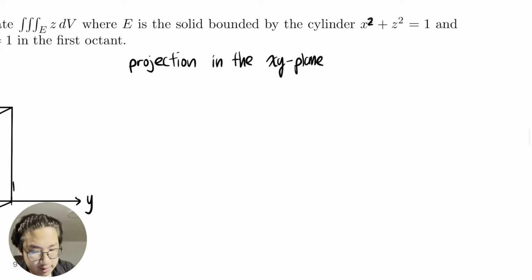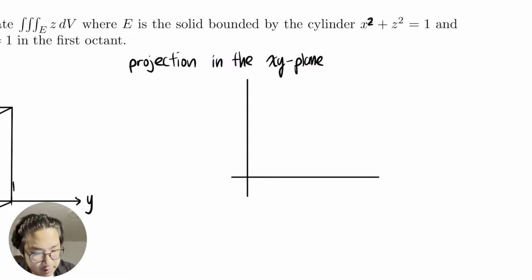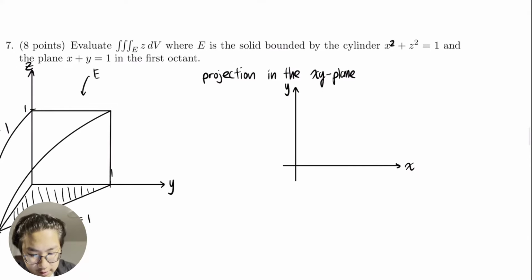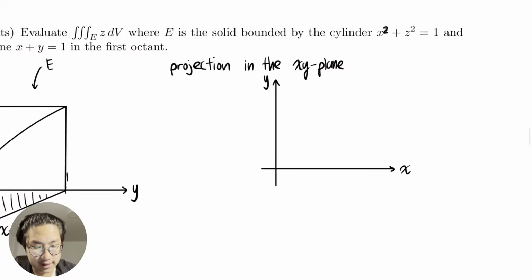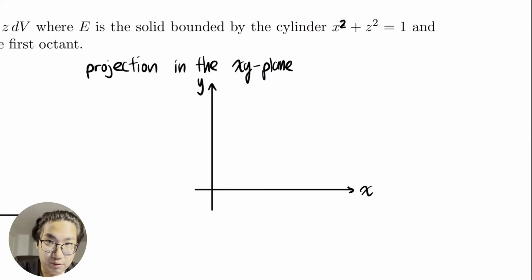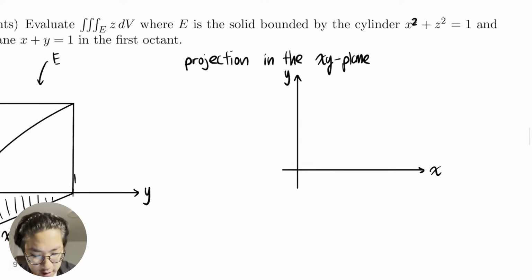So in the xy plane, we're now just looking at the flat 2D Cartesian plane. So something like this, and then we of course have our x and y. This is the only thing we're really sketching, and we can solve for y. We just get y is equal to 1 minus x. So we know the slope is -1, and our y-intercept is just 1 as well.